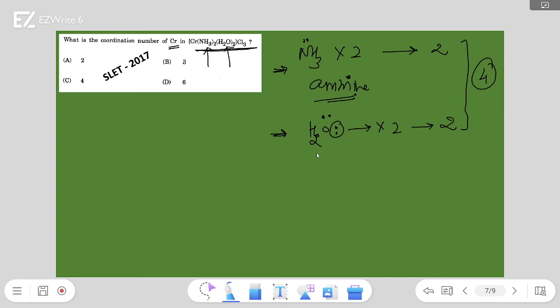So there are in all 4 ligands, so the coordination number is 4. Chromium has a coordination number 4 in this complex. If someone had gone with the oxidation state, it is plus 3.